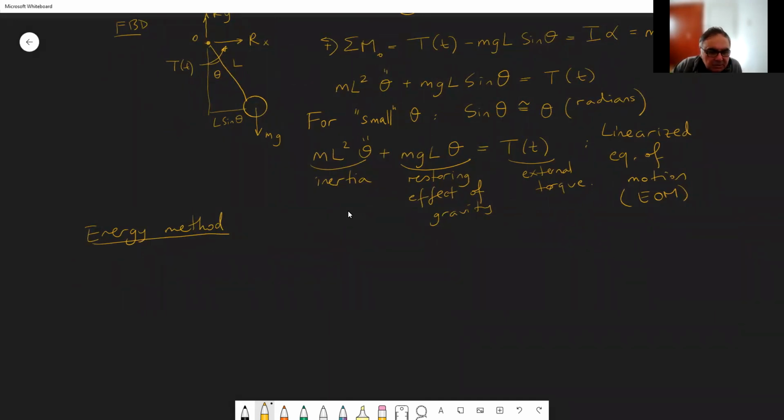You don't have to write the forces anymore. You have the pendulum, but you have to know the kinematics of the pendulum here. Now this is L, this is also L, supposedly. The whole thing is L. Doesn't look like it, but it is. But you have to assume that. So this is L sine theta, this is theta.